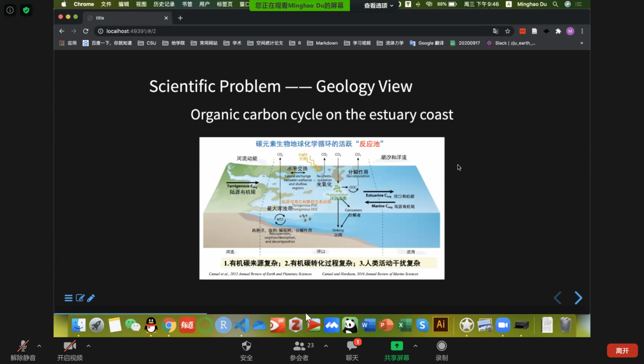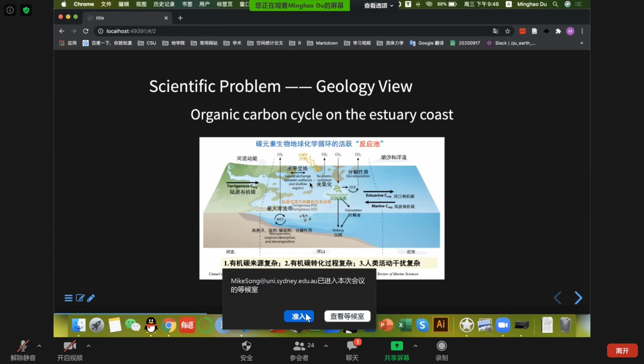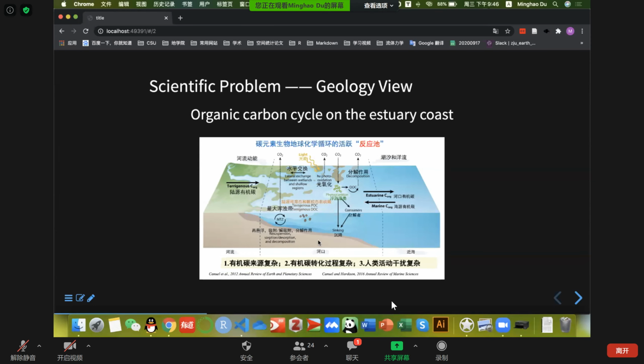The organic carbon cycle in estuary coasts is an important part of the global carbon cycle, and it is also the difficulty and the focus of today's carbon cycle research, because its material exchange is very complicated. Our research focuses on the carbon cycle on the estuary coast.